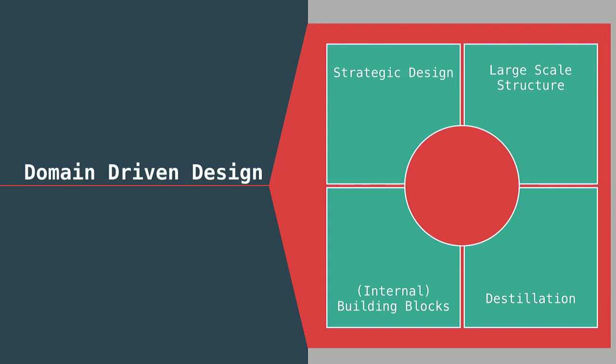In the internal building blocks, there were a lot of now really well-known patterns like the entity, the value object, and the repository. So if you, for instance, take a look at the Spring Data stuff, you will find an add repository annotation, and you will also see a lot of the ideas from the repository pattern from domain-driven design implemented directly into Spring Data.